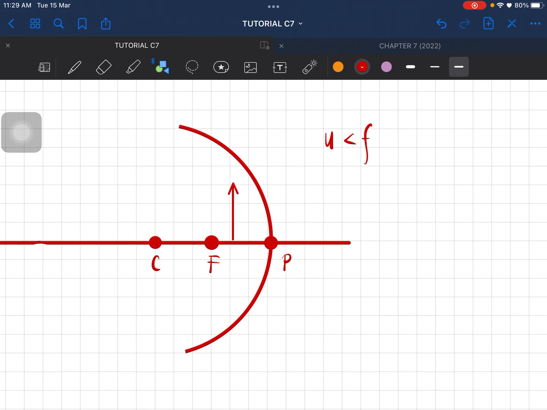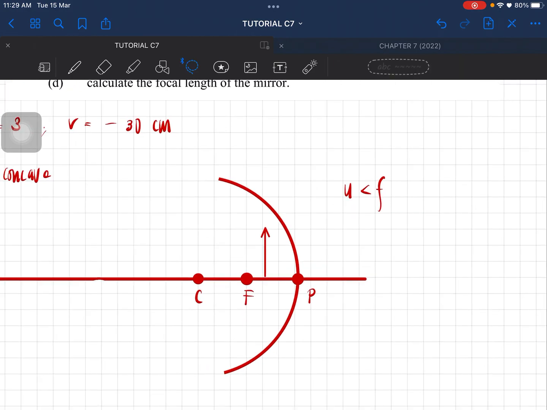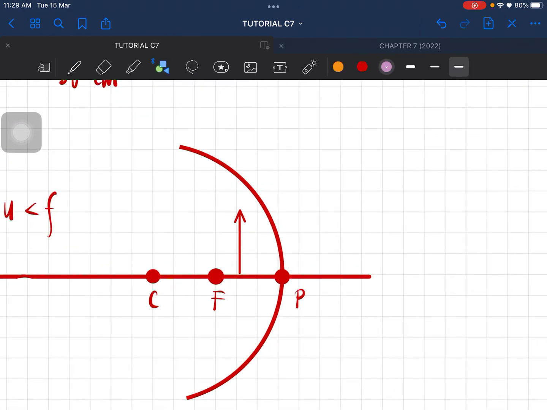Now let's draw the first ray. It comes from the top of the object and is reflected through the focal point, something like this.